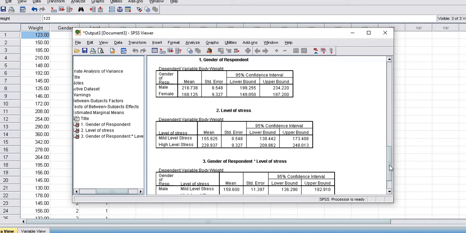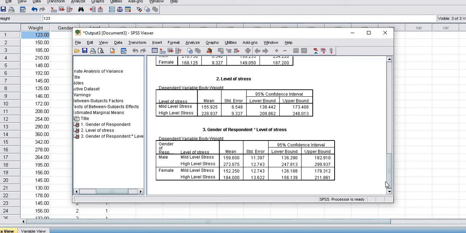Now come to the interaction. The male mild level stress is 159.6, male high level stress 273.87, female mild level stress 152.24, female high level stress is 184.0.